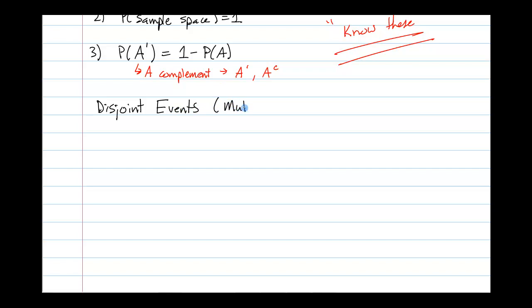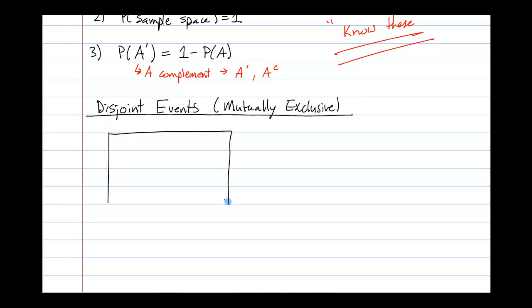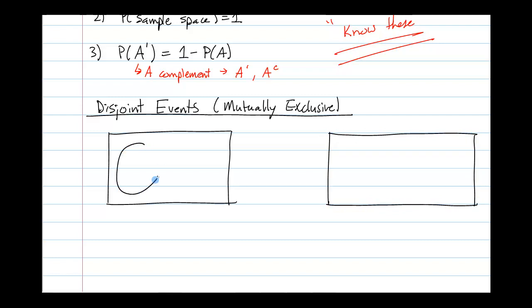Another name for disjoint events are events that are mutually exclusive. Now, the best way to represent disjoint events, or to show you what disjoint events mean, are to draw a Venn diagram. So I'm sure you've seen some sort of a Venn diagram before. And we're going to just talk about the 2 event case. So in this case we have event A and event B.